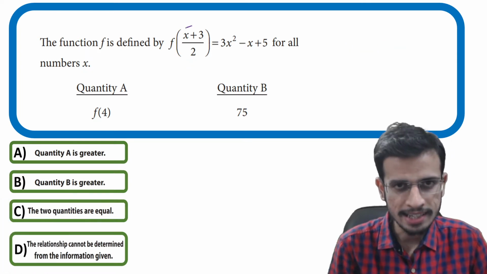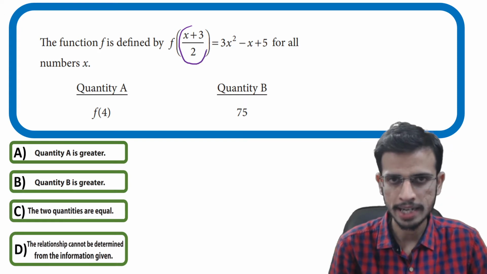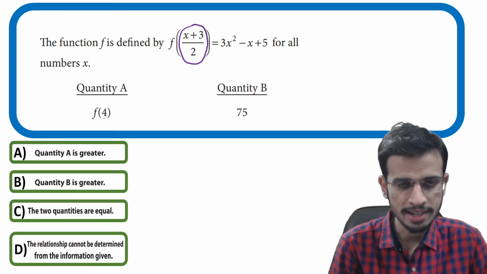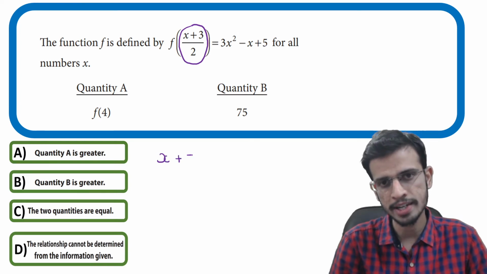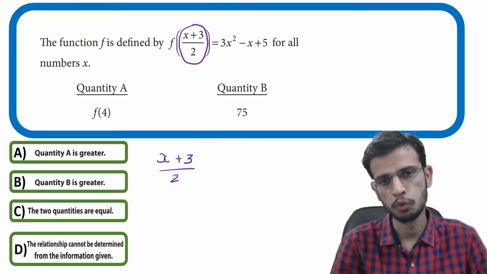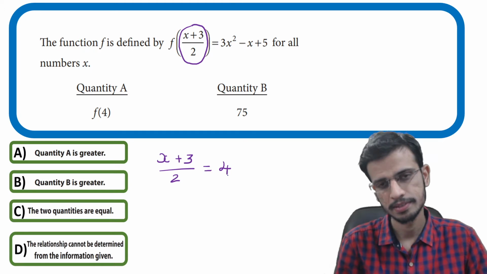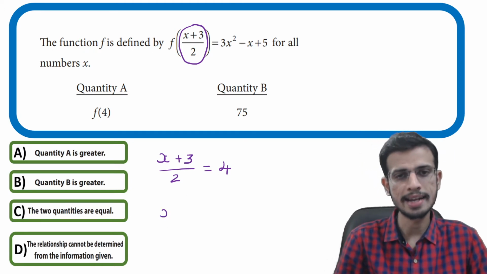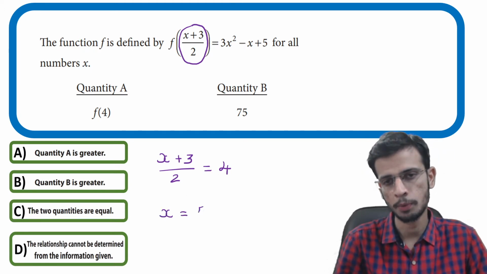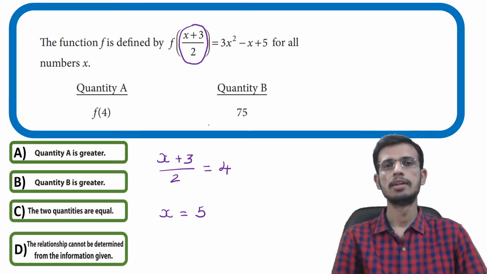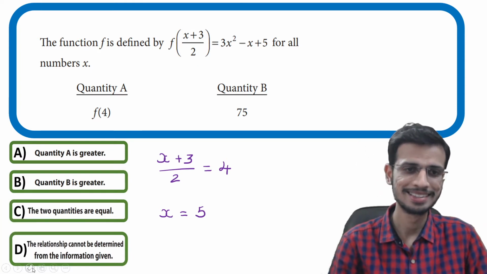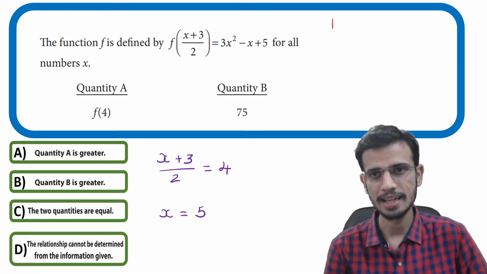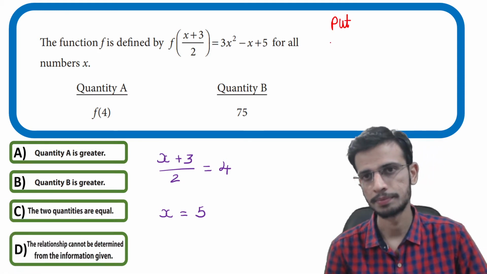We want this inner term as 4. When will it become 4? Let's put (x plus 3) divided by 2 equal to 4. To simplify this, you will get x equal to 5. If you put x equal to 5 in the function, you will be getting f of 4. So put x equal to 5.